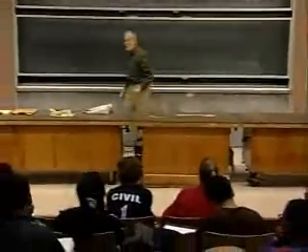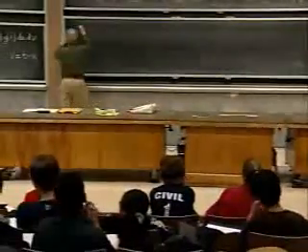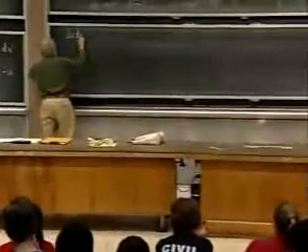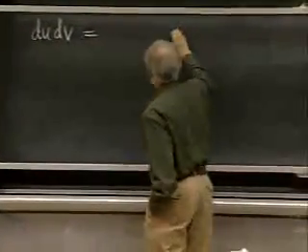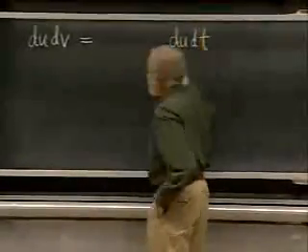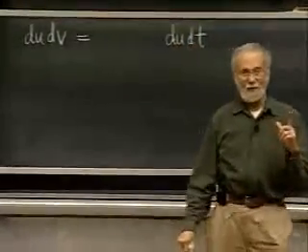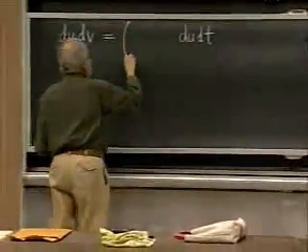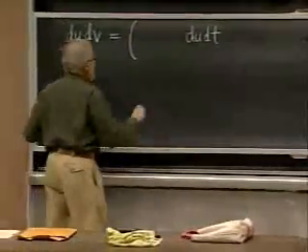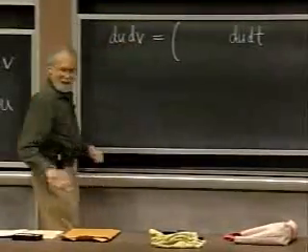Let's do the easier of the two first. I want to change from du dv to du dt. And now to do that, you have to put in the Jacobian matrix, the Jacobian determinant. Aha! How many of you forgot that? I won't even bother asking.